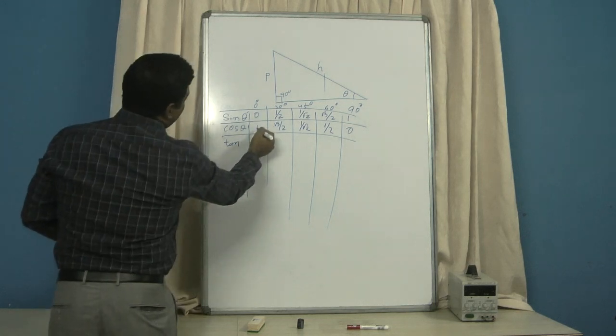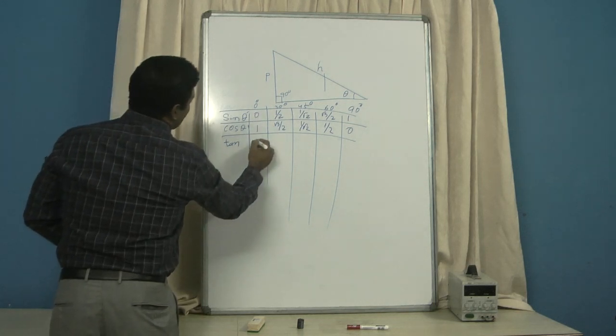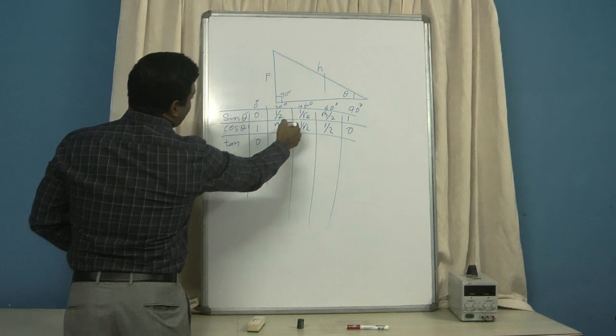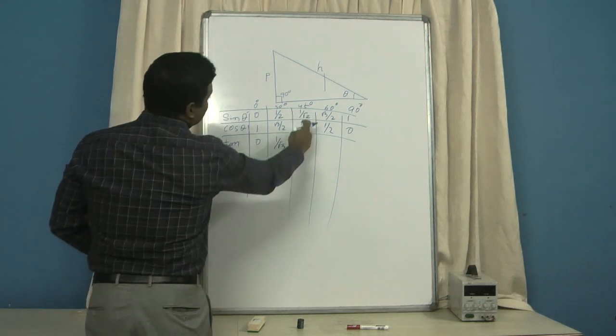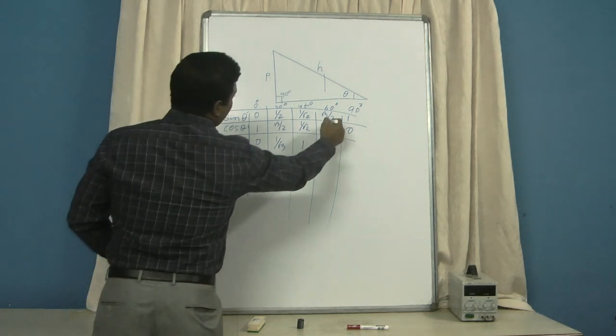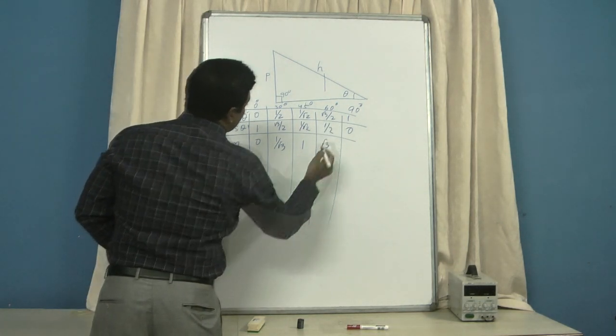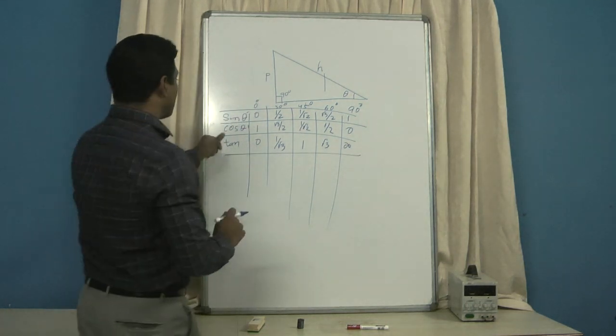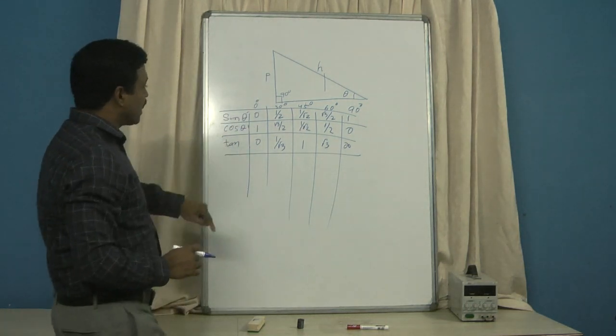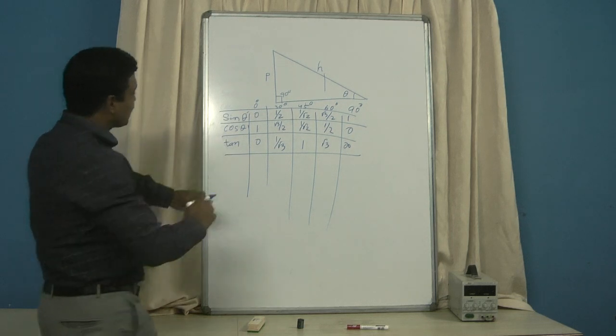So 0 divided by 1 is 0. Then if you divide this, 1 by root 3. If you divide this, it will come 1. If you divide this, it is infinity. So that is how we can remember the values.